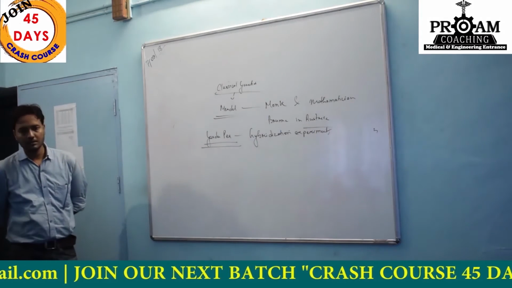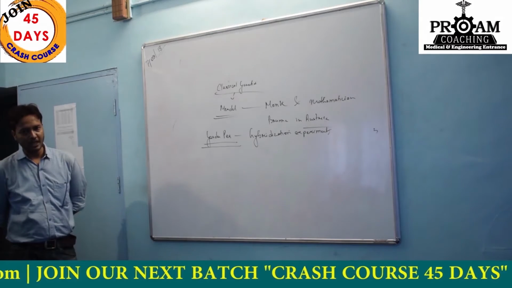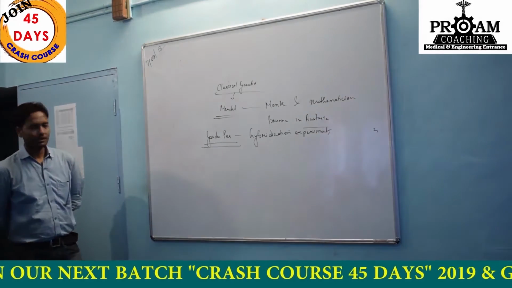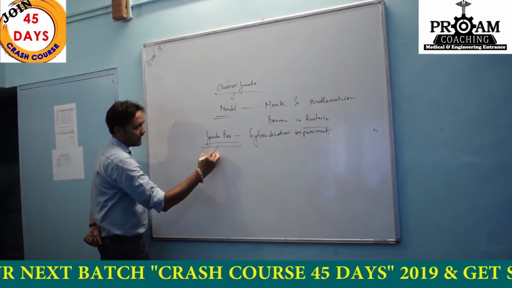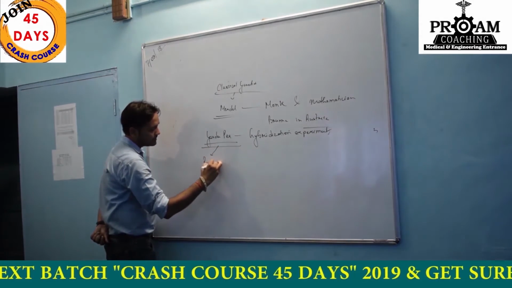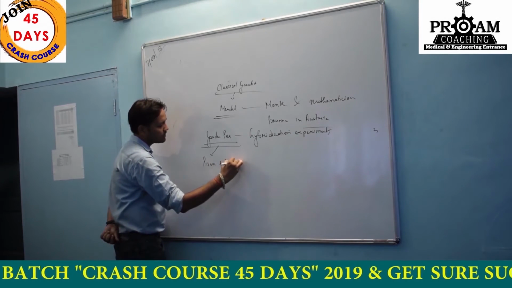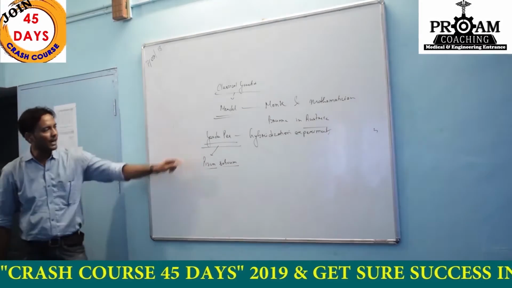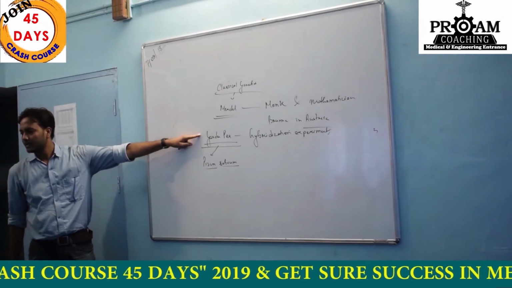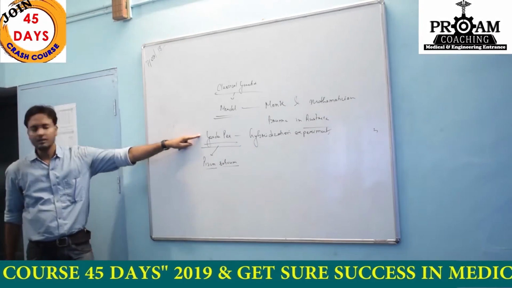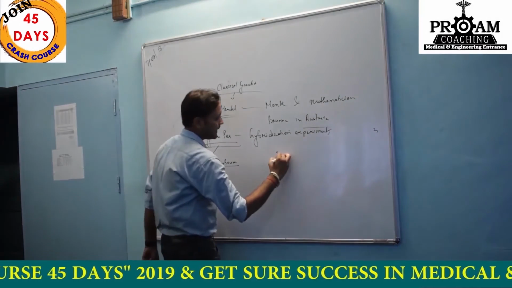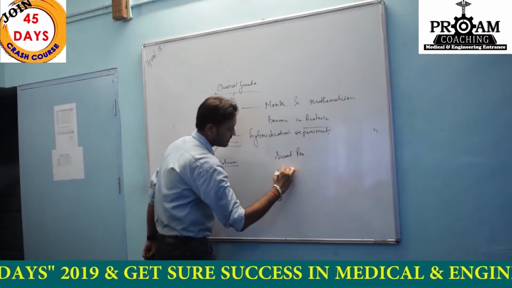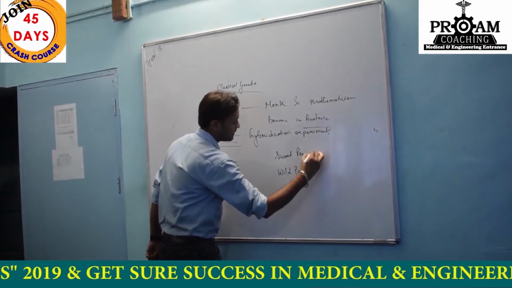Garden pea plant, जिसको उसने क्या किया? Hybridization experiment किया. Okay. The scientific name of this garden pea is Pisum sativum, which is also one of the important questions in entrance examination. Apart from this garden pea, there are two more varieties of pea. One is sweet pea and another is wild pea.